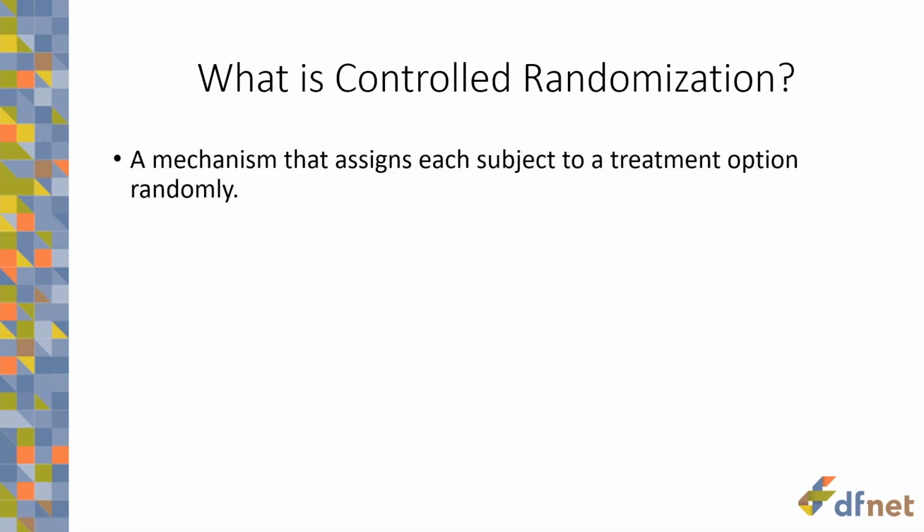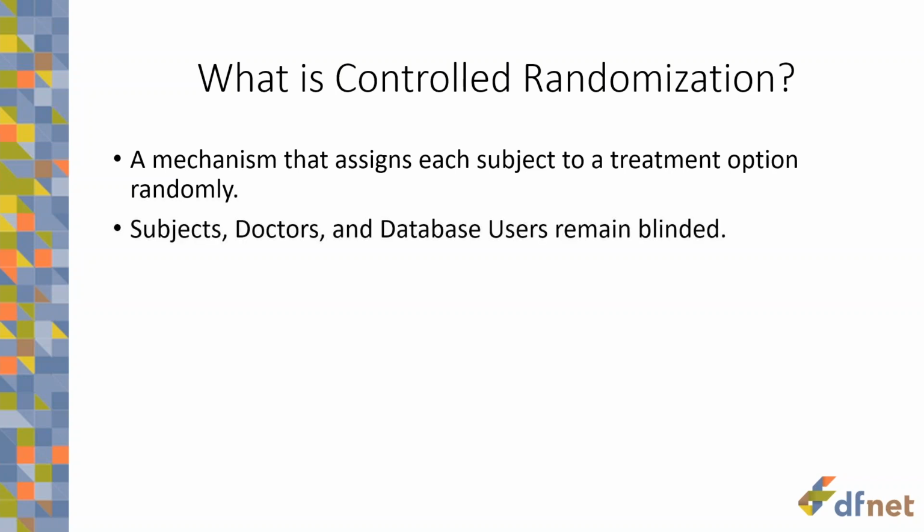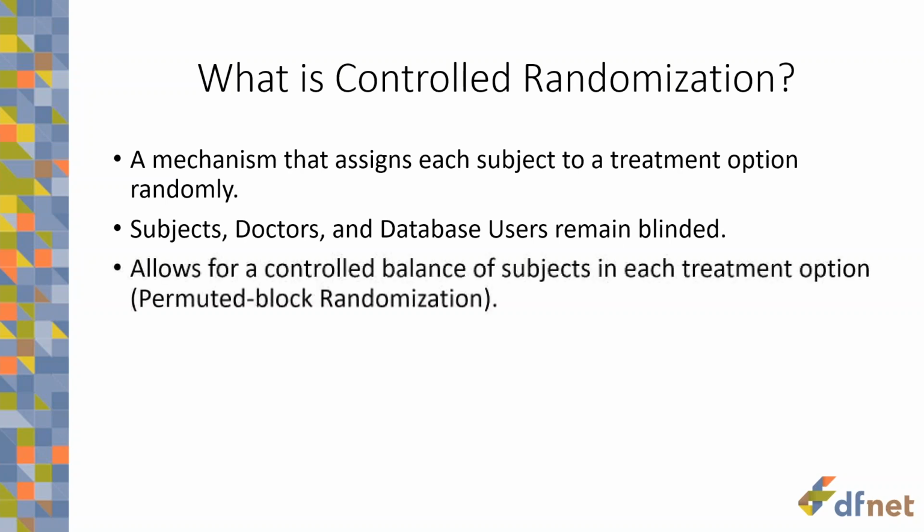So what is controlled randomization? The term controlled randomization is a mechanism that assigns each subject to a treatment option randomly. The participants can't choose which treatment they get, and the doctors can't choose which treatment they are assigned. So subjects, doctors, and database users remain blinded. They do not know which participant or which subject is using which treatment.